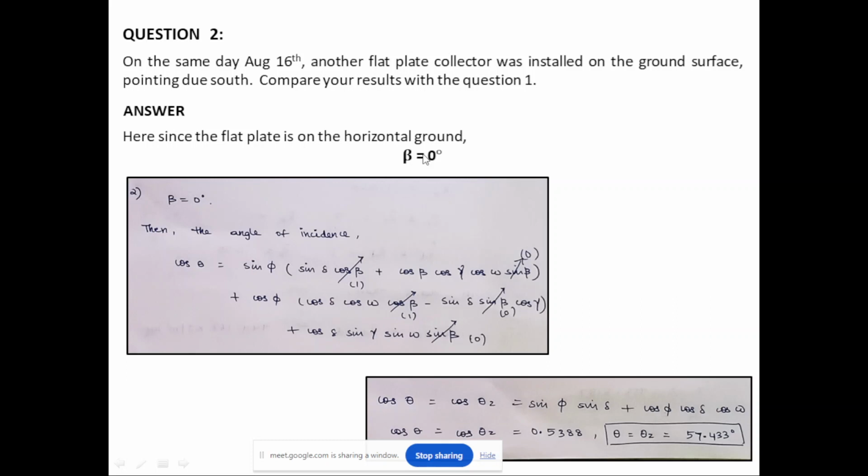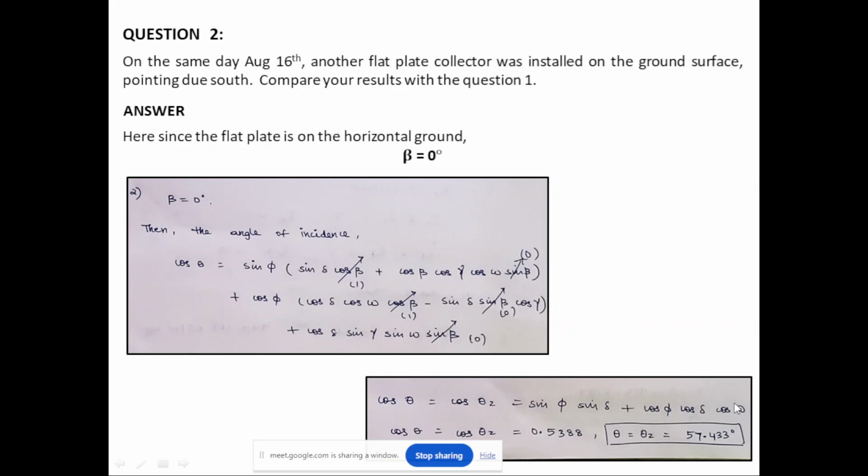Here, since our flat plate is on the ground surface, beta will be 0. So cos beta will be 1 and sine beta will be 0, because sine of 0 is 0. So the formula will reduce to sine phi sine delta plus cos phi cos delta cos omega.